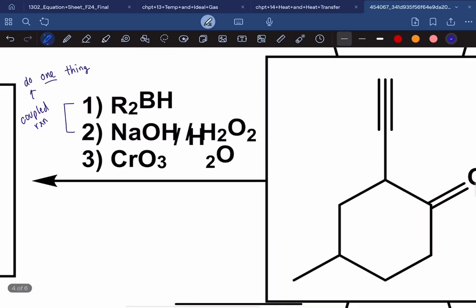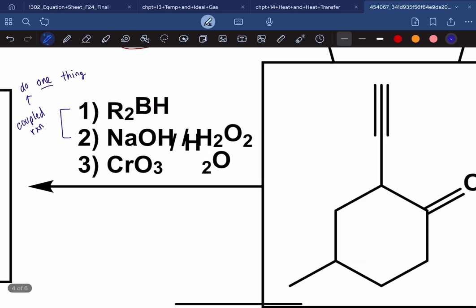You should know that they take alkynes, and more specifically, they take a terminal alkyne to what? To an aldehyde. Okay.